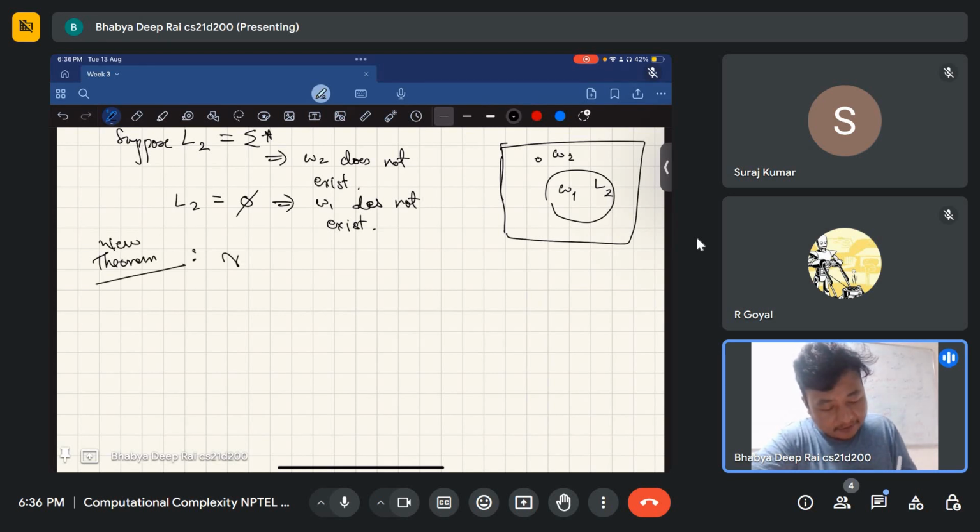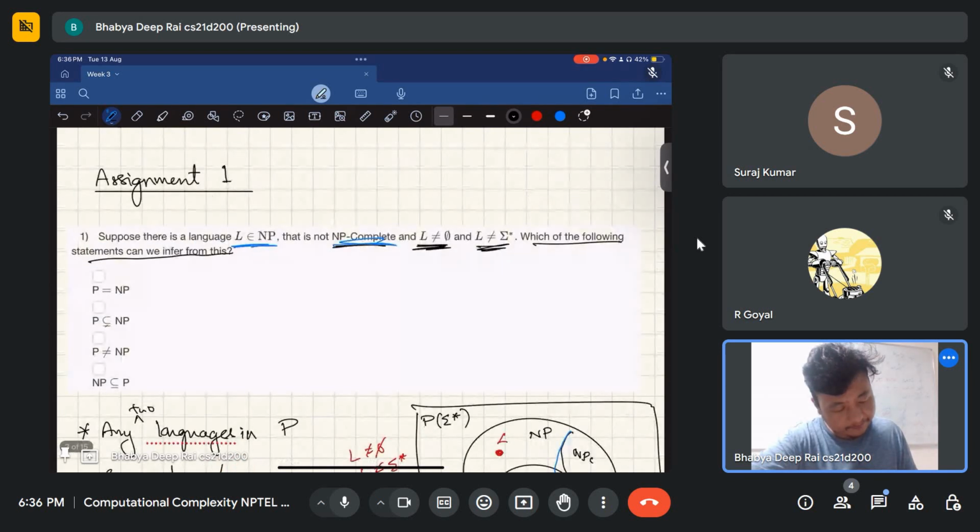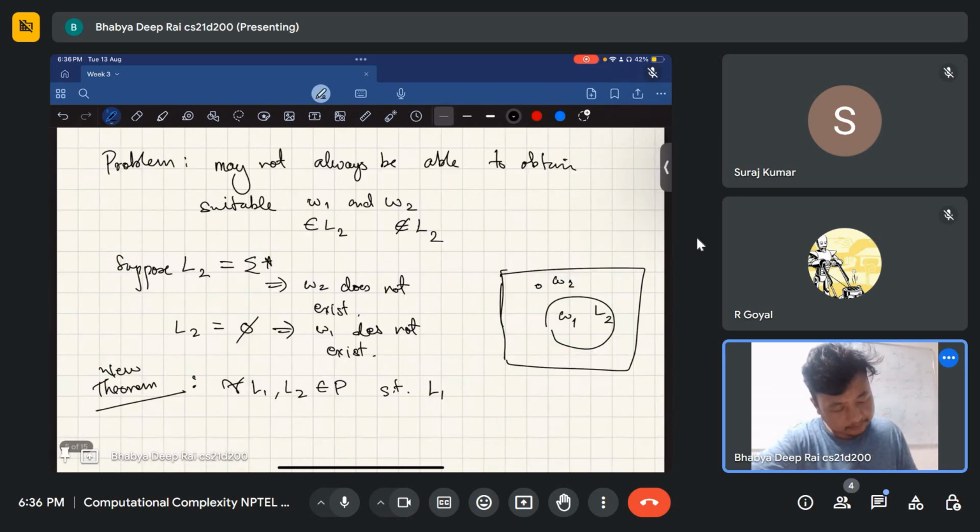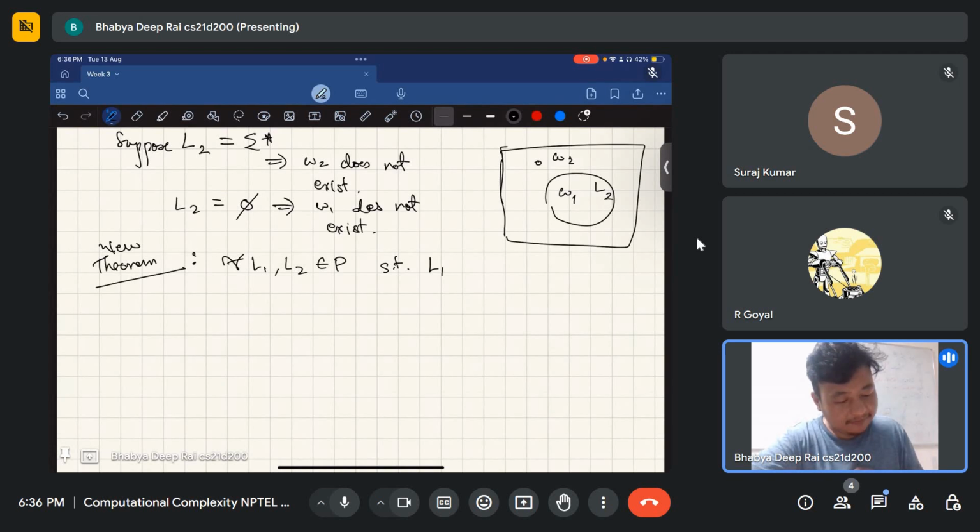For all L1 and L2 in P such that L2 is not equal to sigma star or phi, then L1 reduces to L2.